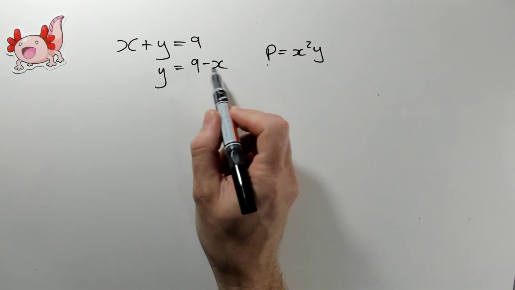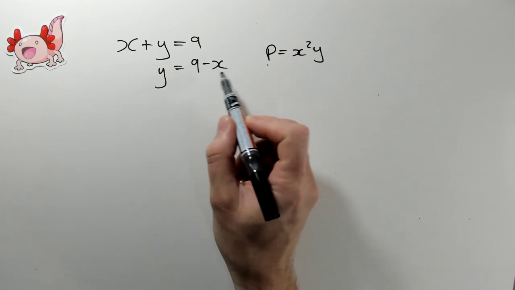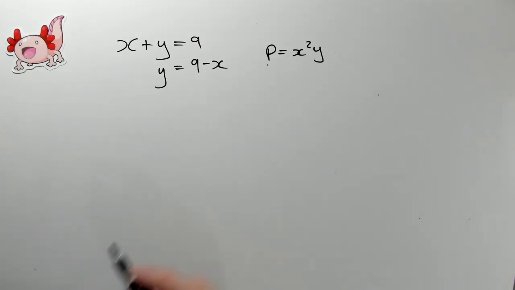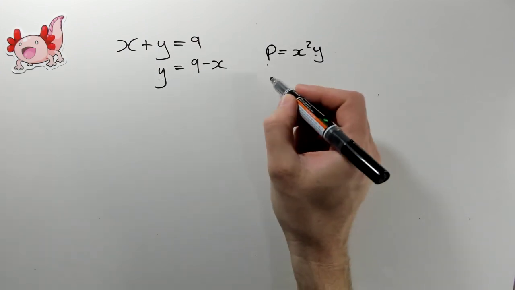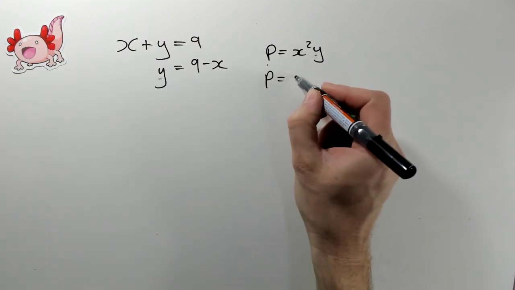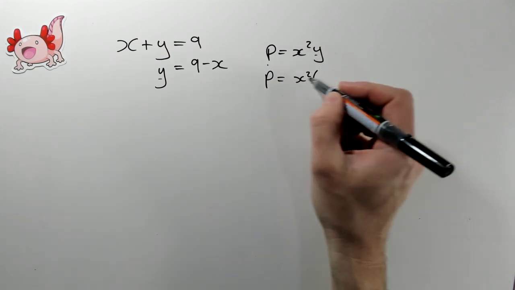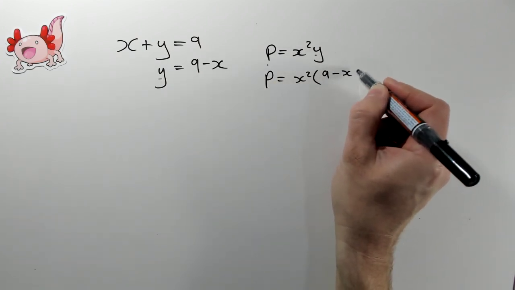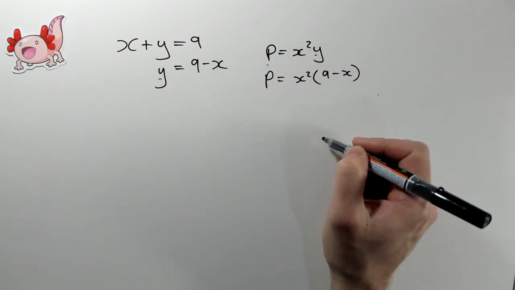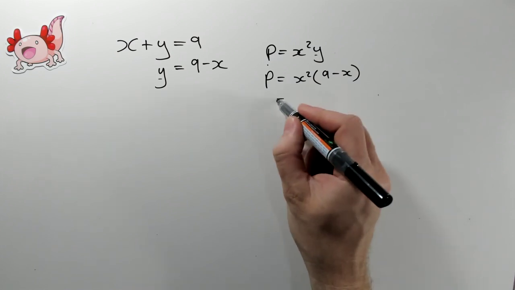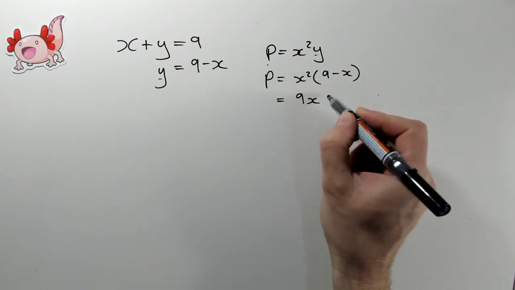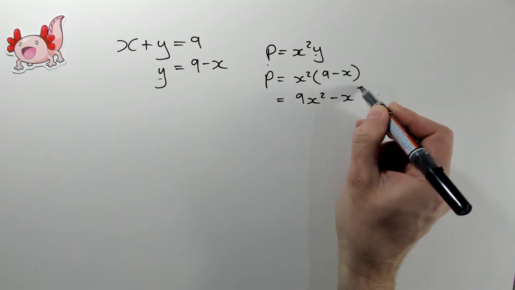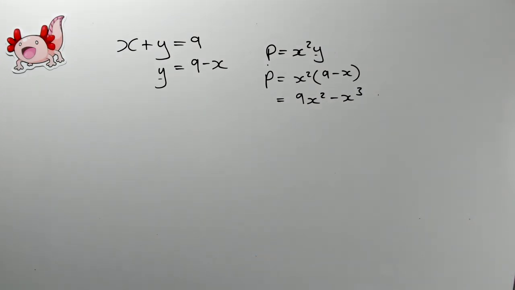This is basically just simultaneous equations, so I'm going to put this y in there. So p is x squared, and in place of y, I'm doing 9 minus x. That's nice and factored like that. But if I wanted to expand the brackets, I'd have 9x squared minus x to the power of 3, or x cubed.